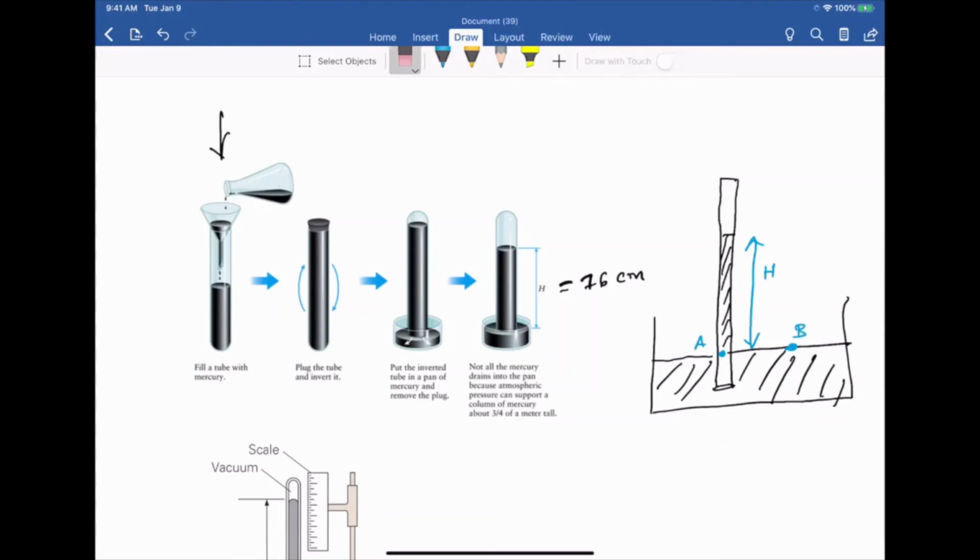So if the pressure at A and the pressure at B were different, then the fluid would continue flowing, right? But since the fluid is no longer flowing, I can say that the pressure at A is the same as the pressure at B, since the fluid is not flowing.